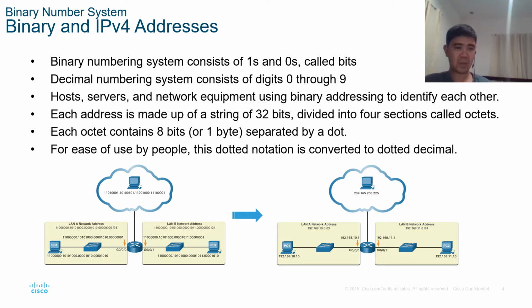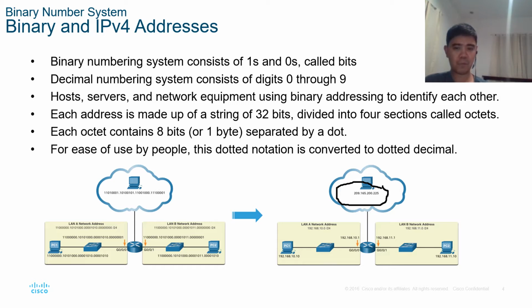So they're binary numbers. The number system being processed by humans, we call it decimal, consisting of numbers from 0 to 9. For example, IPv4 is in four dotted decimal. Like this one, I have an IP address here of 209.165.200.225. So it is in decimal, separated by a dot.